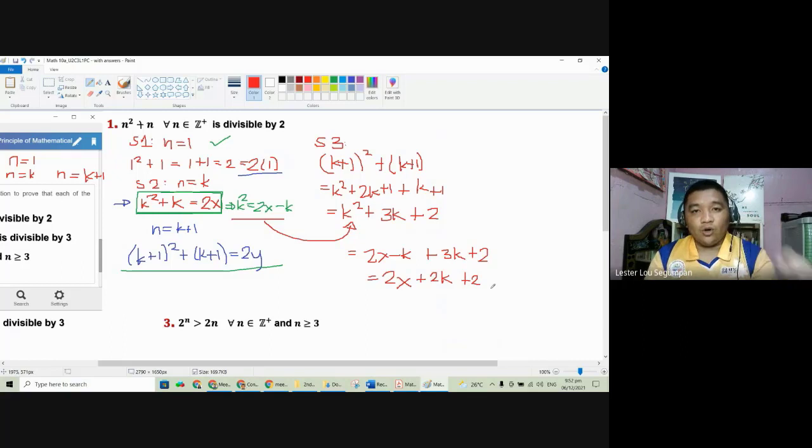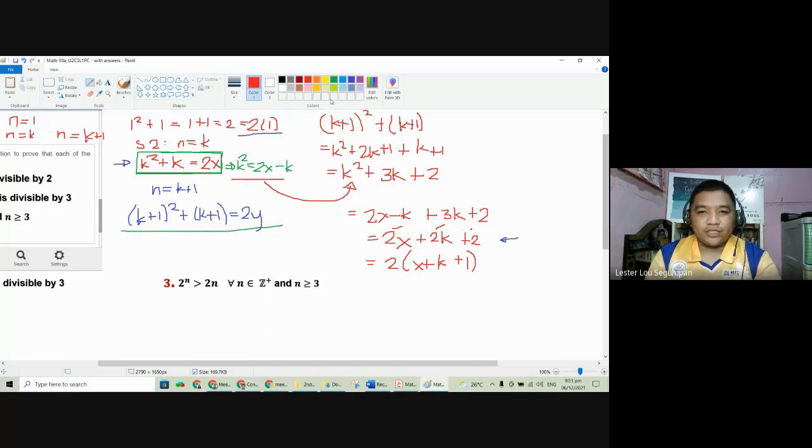Take note that our goal is to make sure that this expression is divisible by 2. By saying that, we need to make sure that the final expression has a factor of 2. I'm talking about here 2x, 2k, and 2. And when we factor that out, you could have x plus k plus 1.